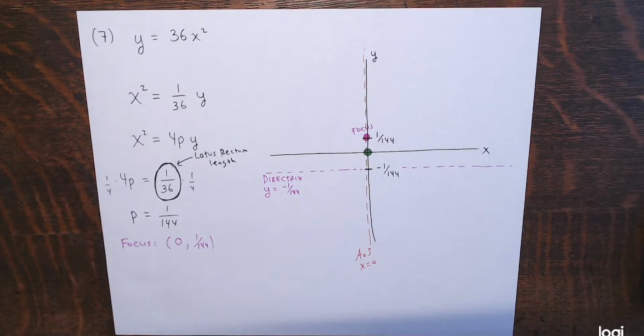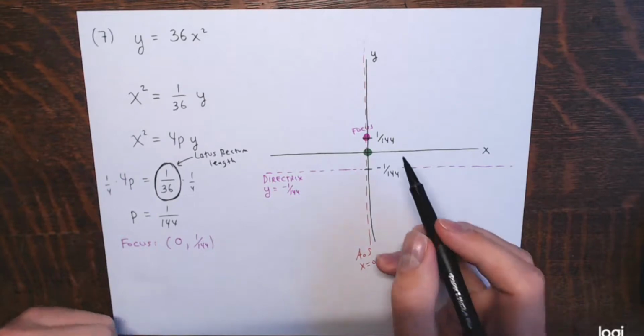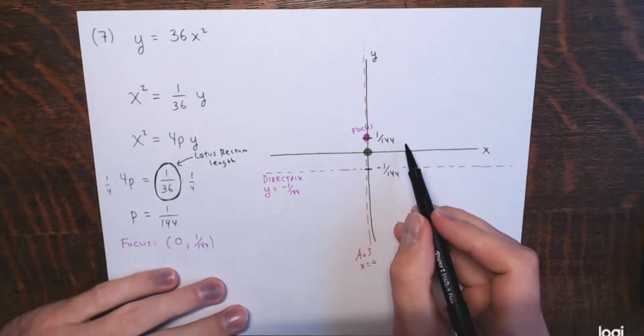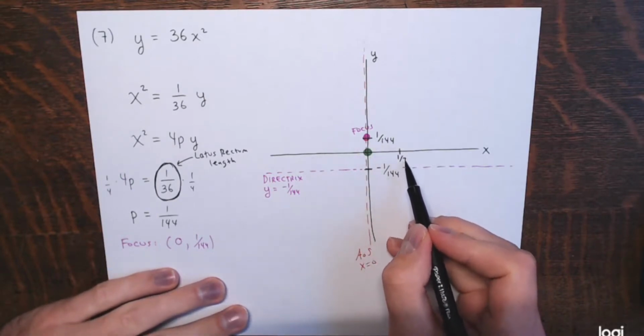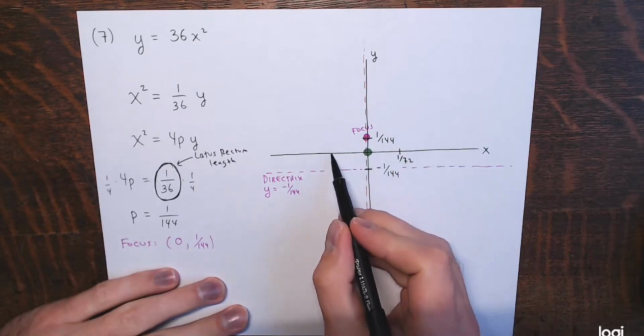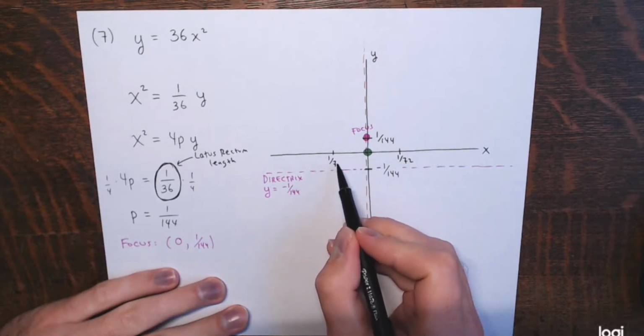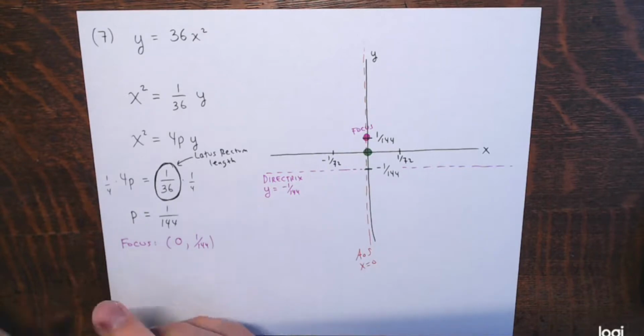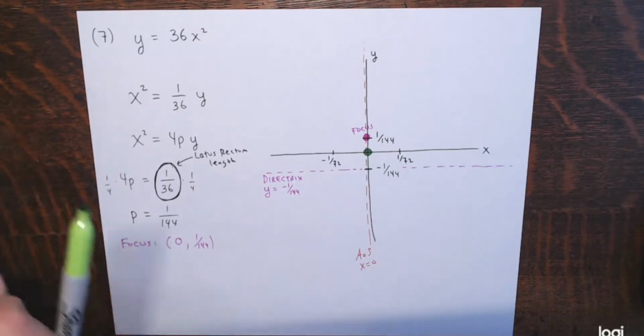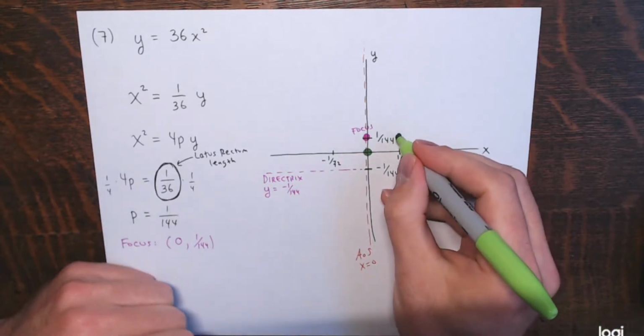All right. So again, this isn't going to be great, but if I go from the focus to the right 1/72, and to the left 1/72, we get those points at the ends of the latus rectum, these points on the parabola.